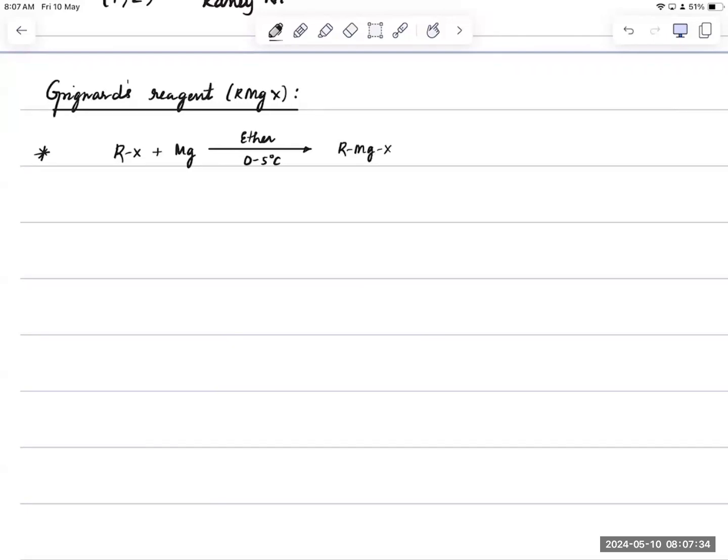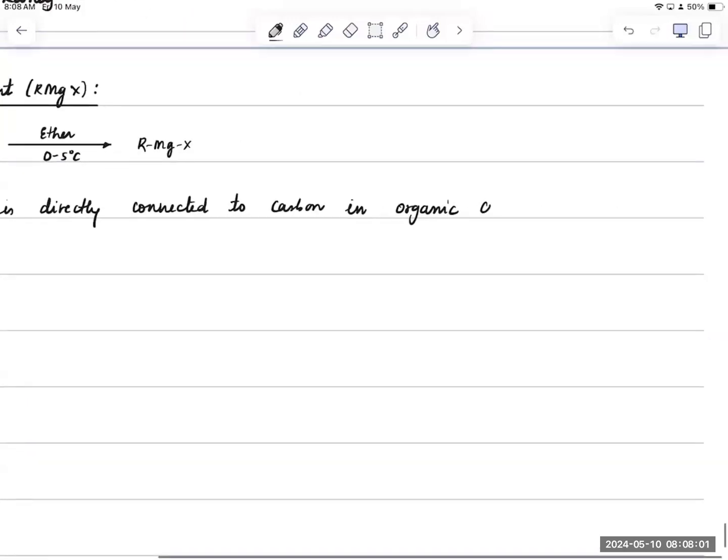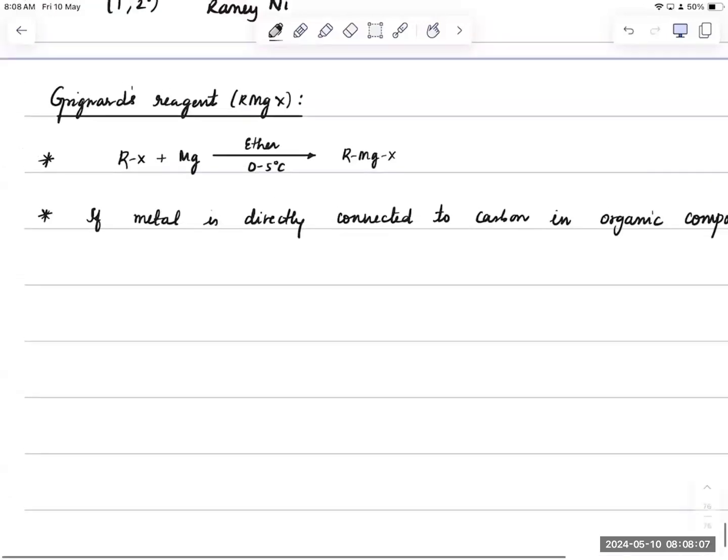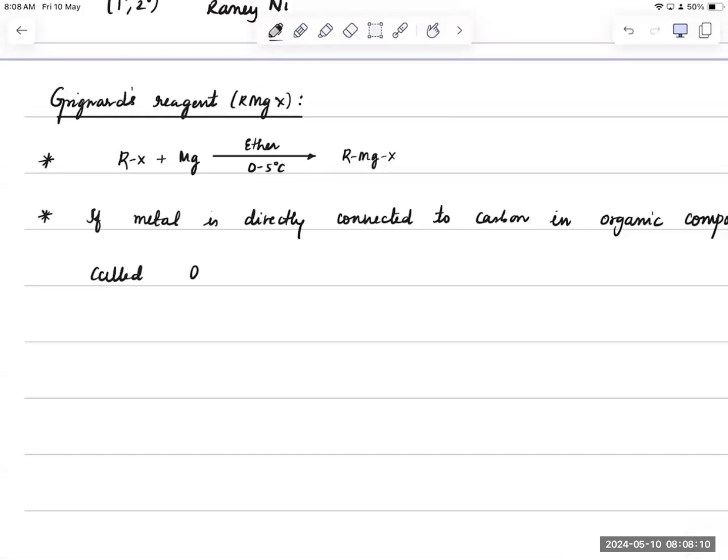Generally, if a metal is directly connected to carbon in an organic compound, it is called an organometallic compound.